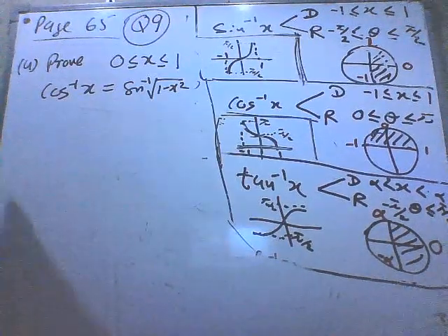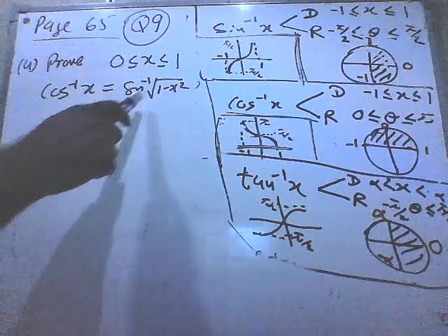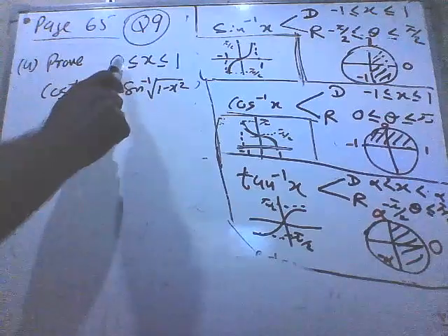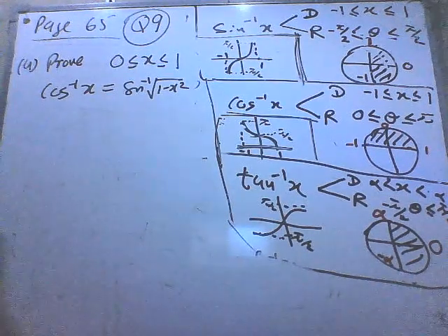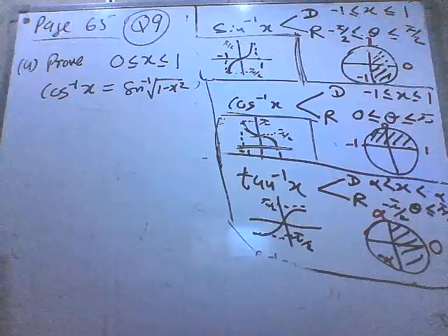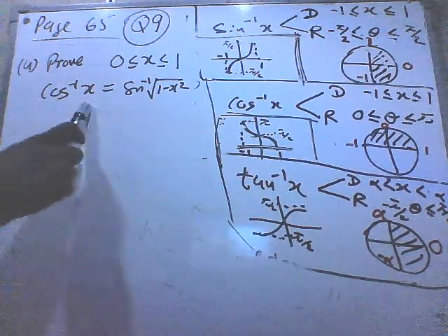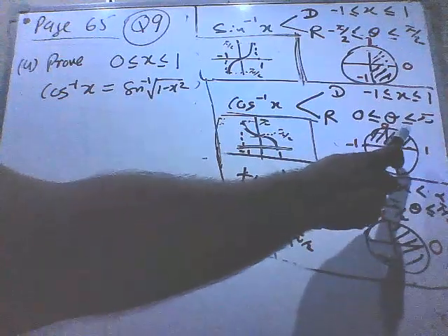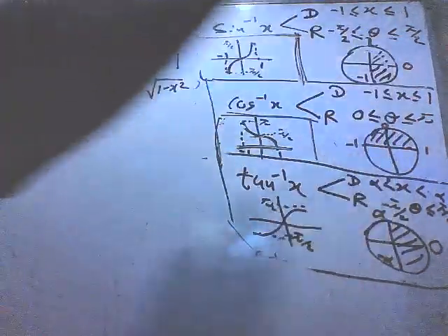We will do question 9. They have given x is in the range of 0 to 1, and they are asking us to prove cos inverse x equals sine inverse of the square root of 1 minus x squared. 0 to 1 means both sine and cos are in this range.